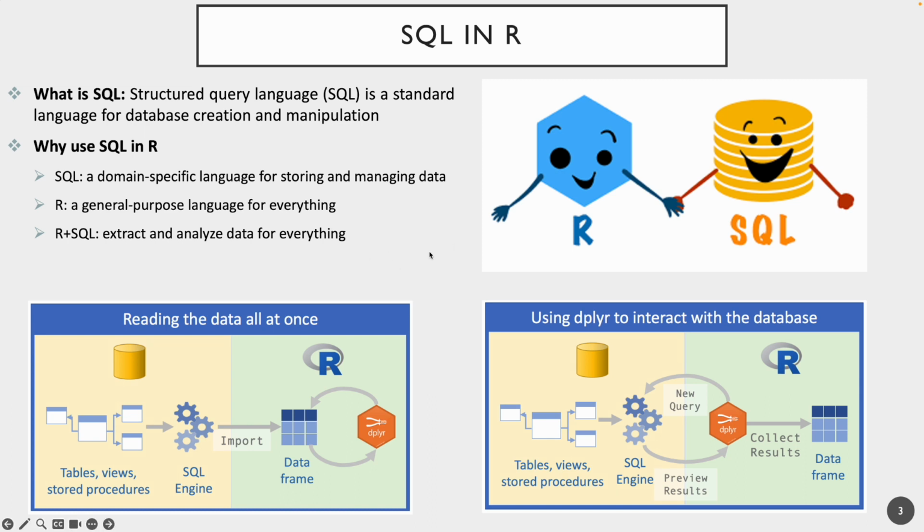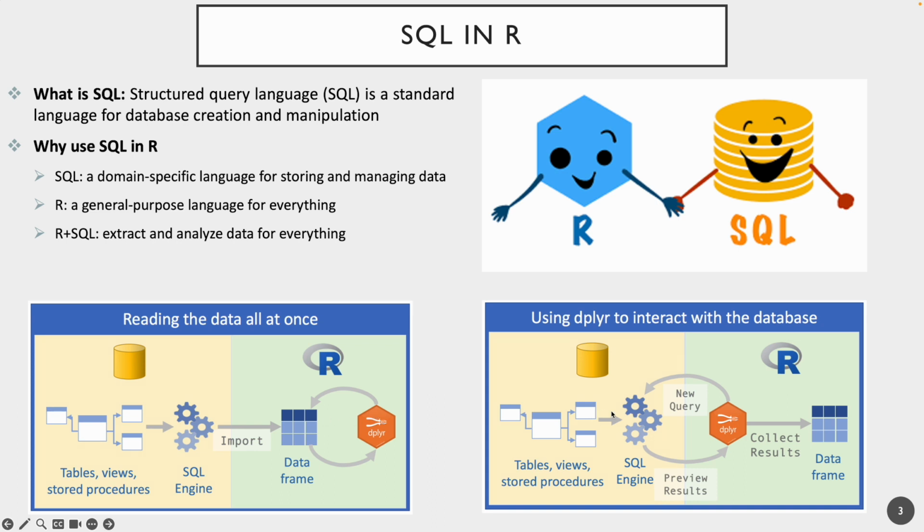So basically, the most widely used SQL interfaces in R include the DBI, which is short for the database interface, and also the dplyr package. There are two mechanisms to interact with SQL. The first one is to use DBI to extract and load data in R, and then use dplyr to manipulate data.